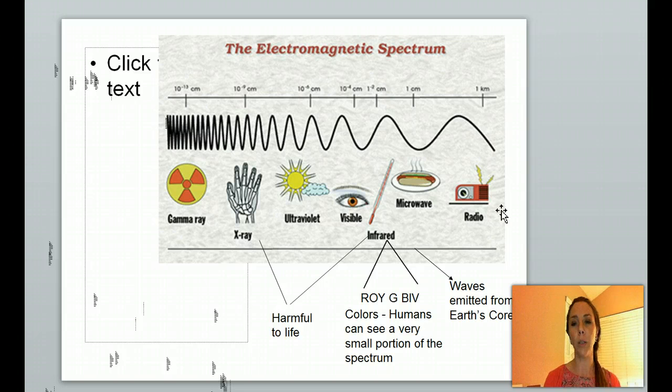Of course, people always say, well, if you go into a microwave, you'll definitely get hurt. We're not talking about putting someone into a microwave. We're just saying the microwaves that are emitted from the sun that exist in our everyday life are not harmful to us as humans or life in general.